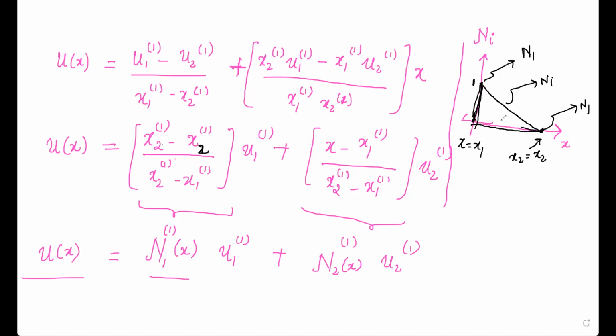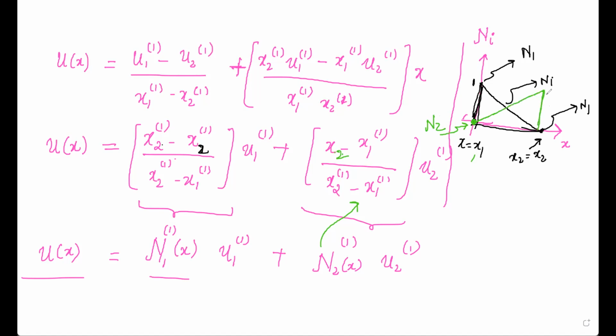This is how n1 behaves as we go from x1 to x2. Now if we talk about n2, at x is equal to x1, our n2 is equal to 0. And if you look at x is equal to x2, this becomes equal to 1. Okay, so the function is like this.